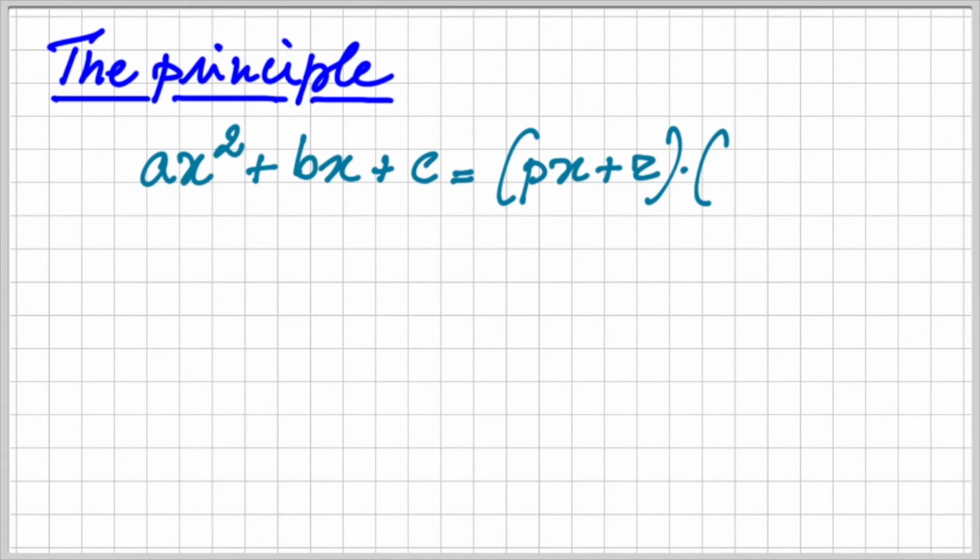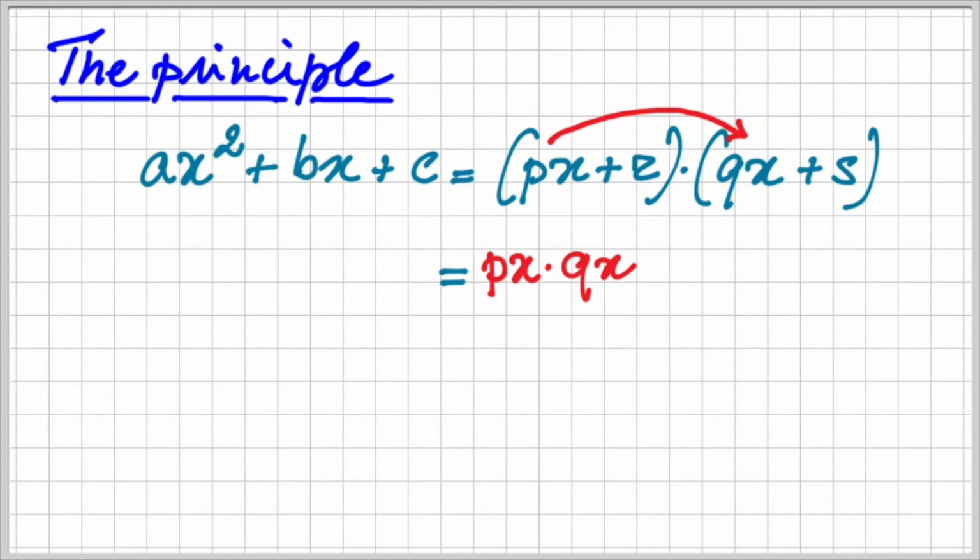So the principle is in fact that we have ax squared plus bx plus c to be written as a product of two first-degree polynomials. Now, when we do the multiplication, when we expand the factorized form, we first multiply px with qx, using the distributive property.